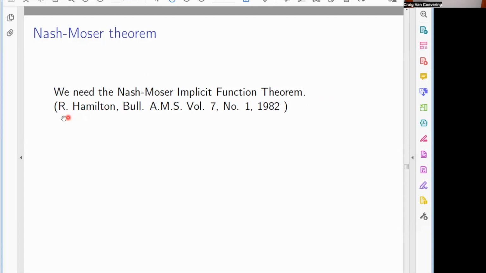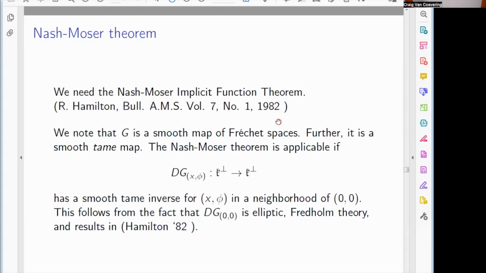It obviously goes back to John Nash and his embedding theorem in the 50s, but the readable source is this long paper by Richard Hamilton. I only have a few more minutes. The theorem is a long story, but this is a long paper, so it explains everything. In the Nash-Moser theorem, you consider Fréchet spaces.